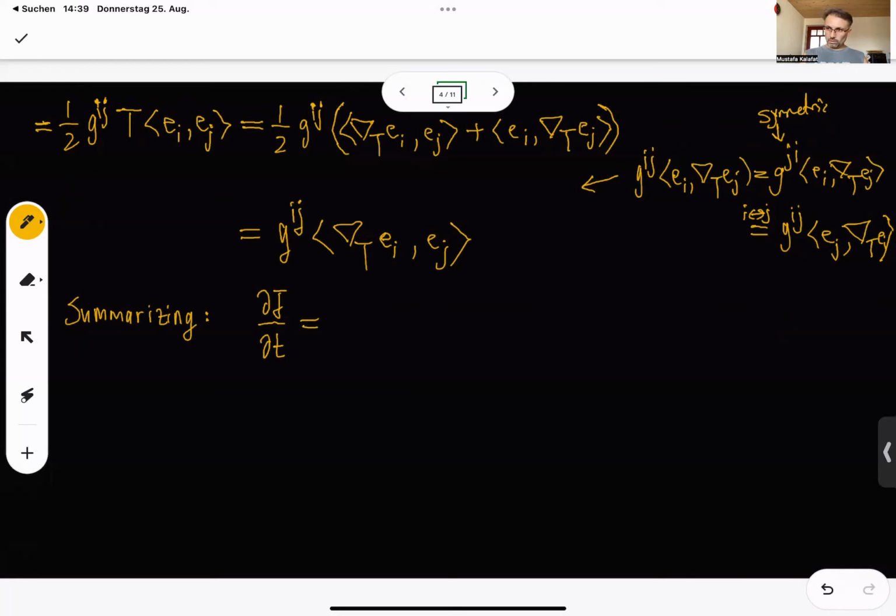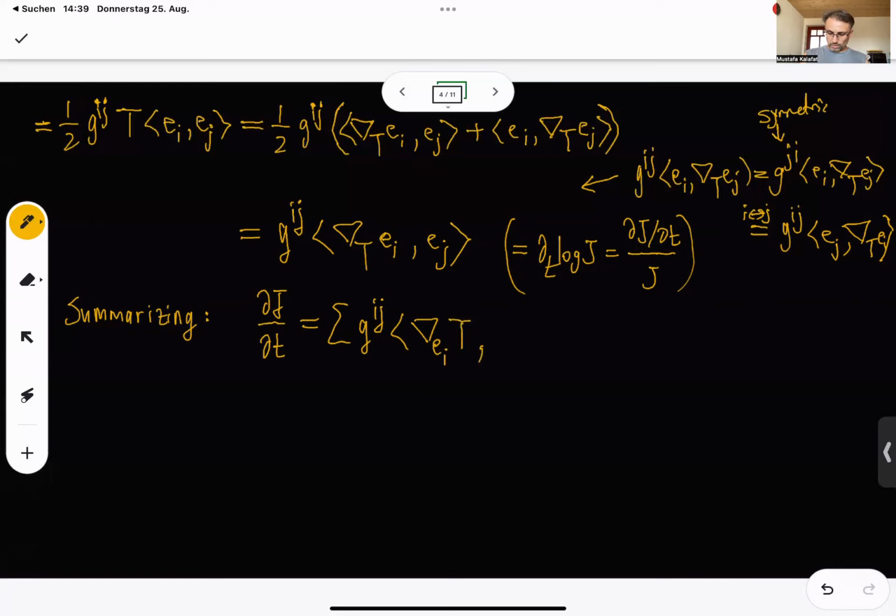This is actually the derivative of the logarithm, remember: partial t log J, which was partial J partial t over J. If you want, you can indicate the summation, since we are applying the Einstein convention, but in the result it's better to put the summations.